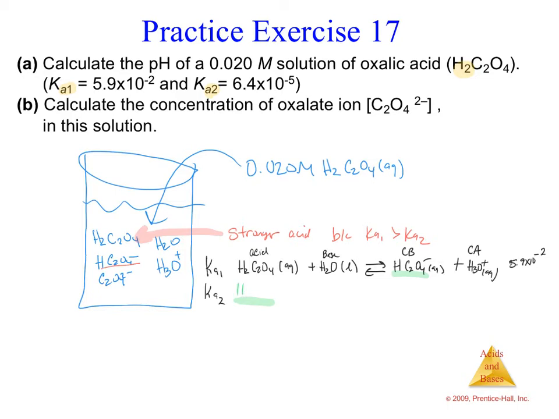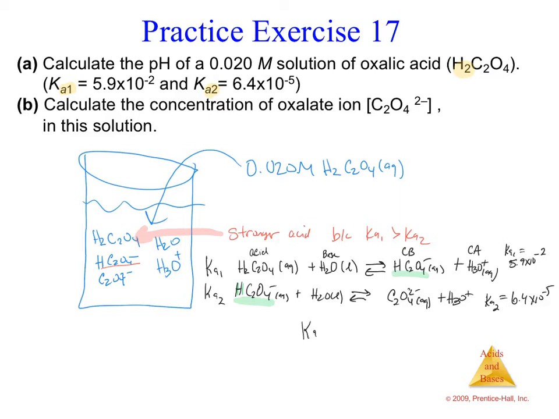So I start with HC2O4 minus aqueous plus water liquid, in equilibrium with C2O4 2 minus aqueous, my oxalate ion, plus hydronium. And I see that my Ka2 is given as 6.4 times 10 to the negative 5th.